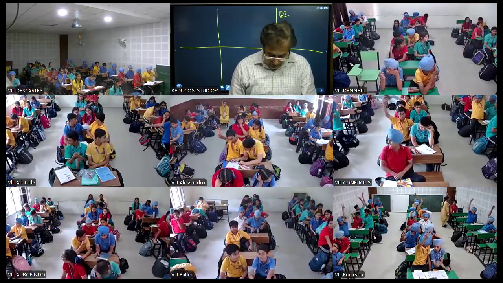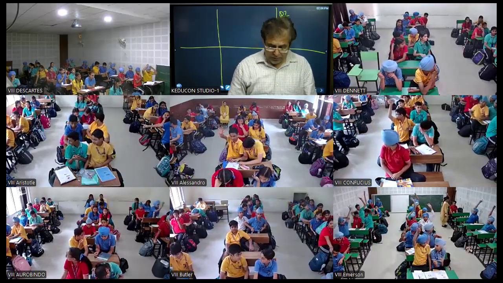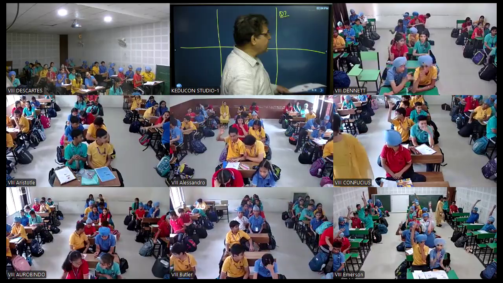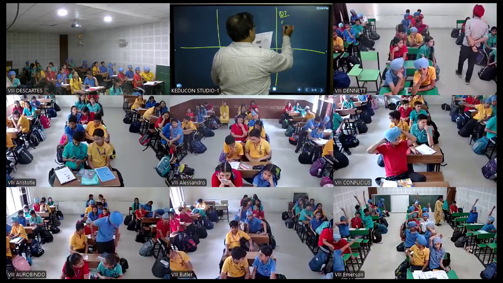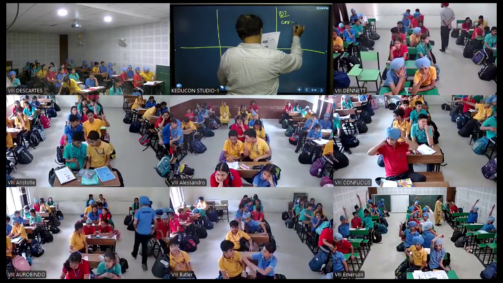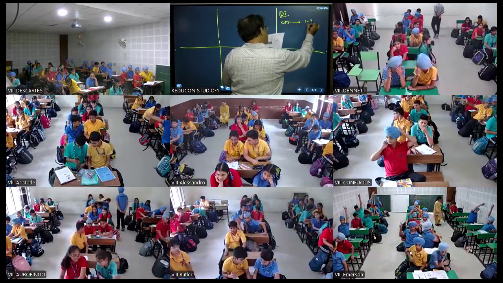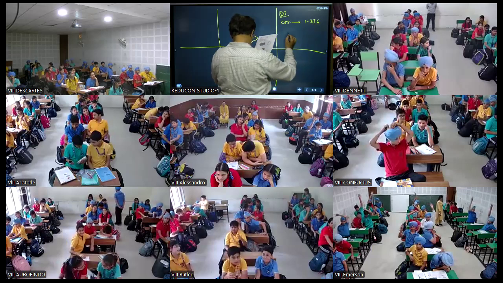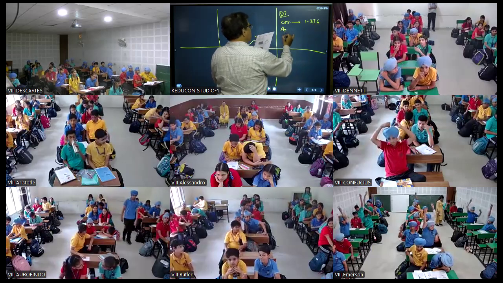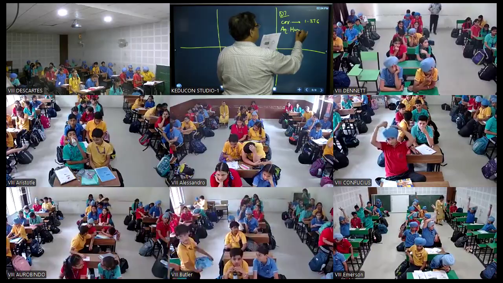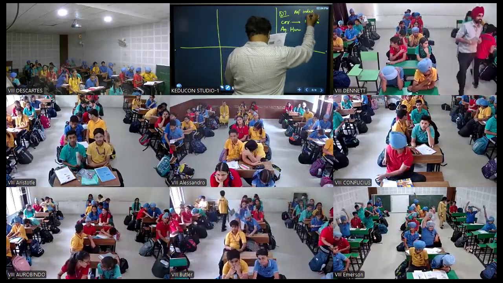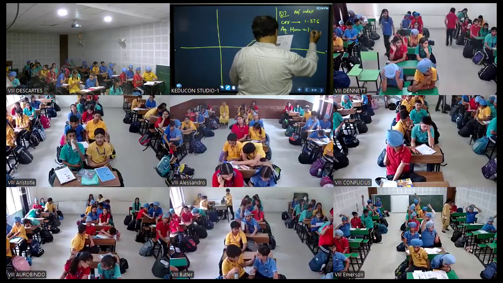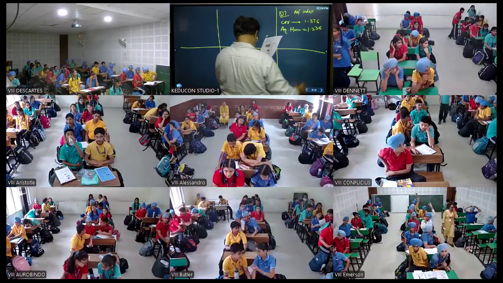He is asking the refractive index of different objects. Let me tell you, write down the refractive index. Cornea refractive index is 1.376. Aqueous humor refractive index is 1.336.